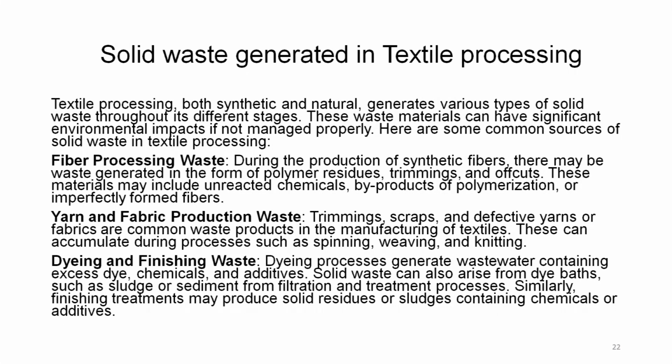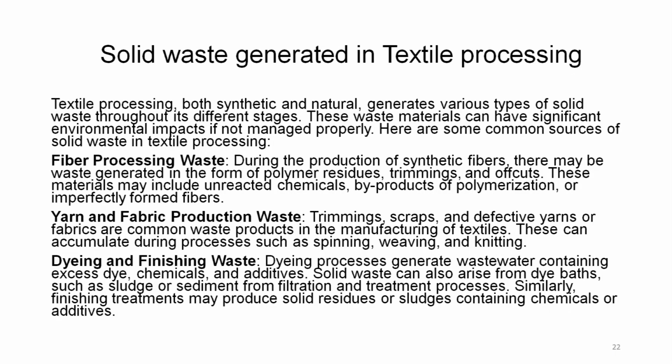Fibers, fiber processing waste. During the production of synthetic fibers, there may be waste generation in the form of polymer residues, trimmings and offcuts. These materials may include unreacted chemicals, byproducts of polymerization or imperfectly formed fibers.